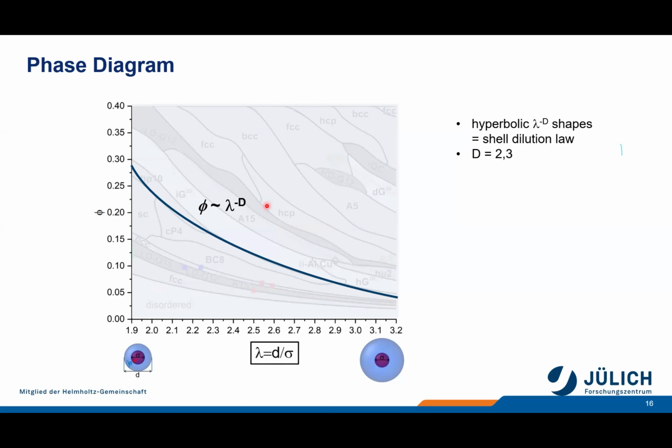First, the stability regions have a funny hyperbolic extension, and this goes as lambda to the minus d, where d is equal to 2 for two-dimensional arrangements in a plane, which we just looked at, or 3 if we look at a three-dimensional system.